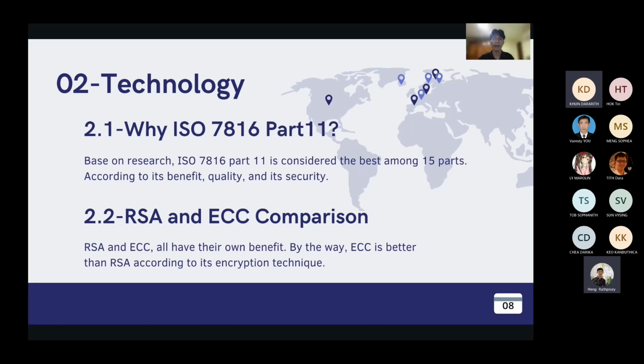The other parts don't have this function, and they are not as secure as Part 11. From my research, I found it specifies user identification, and it has key encryption of the biometric method. It is a special case of this part. I hope I could answer you well.